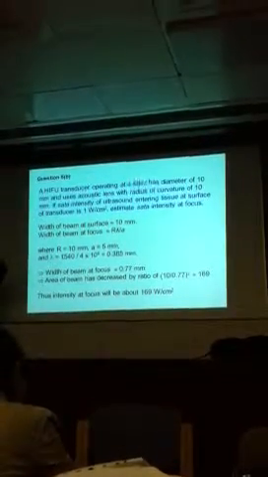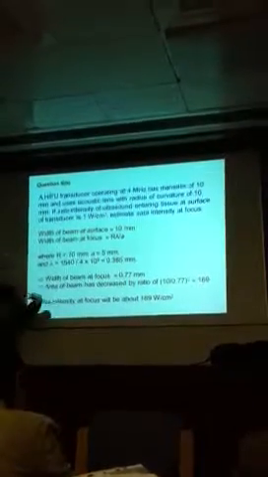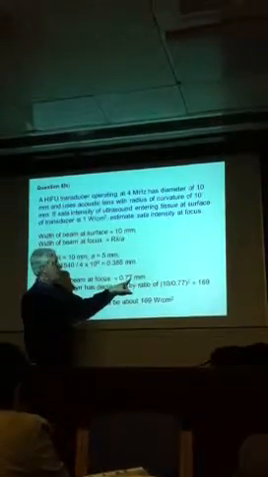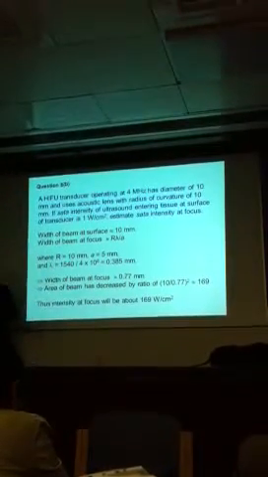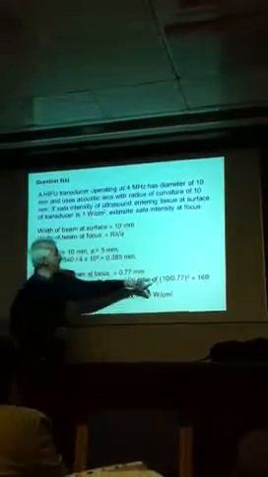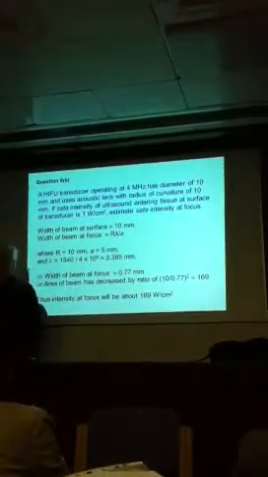So the diameter of the lens itself is 10 millimeters. That is now reduced to a size of 0.77 millimeters. Well, the ratio of the areas is going to be a ratio of their squares. So 10 over 0.77 squared, which is about 169.